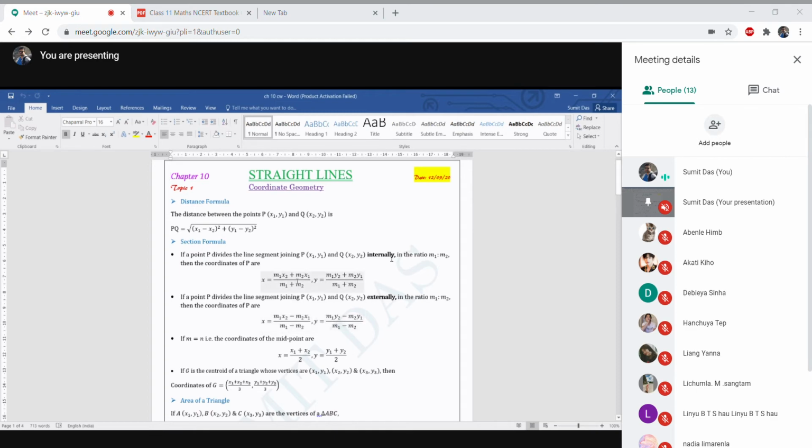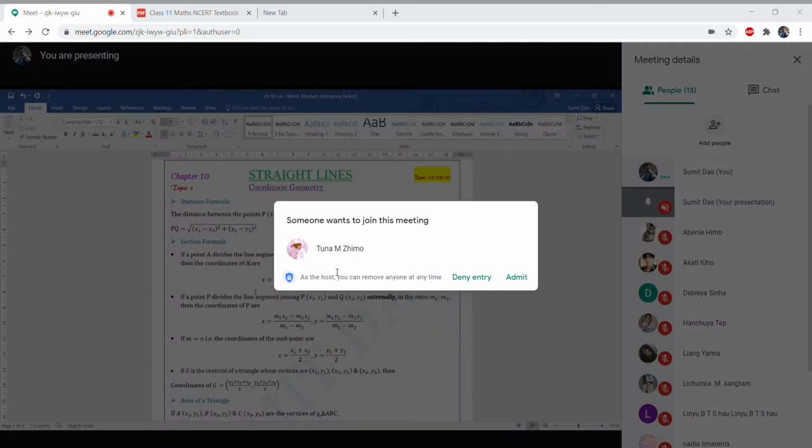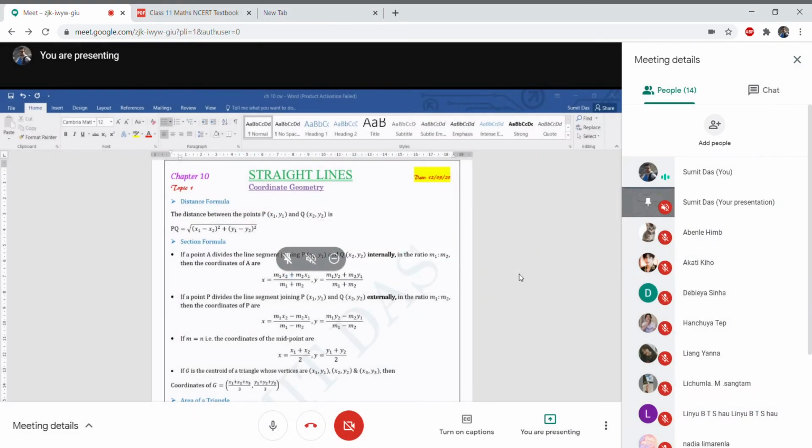Okay, so the section formula. In class 10 we learned only this part: if a point A divides the line segment P and Q internally, then the coordinates of A are, we know, x equals m1x2 plus m2x1 divided by m1 plus m2, and y coordinate is m1y2 plus m2y1 divided by m1 plus m2.